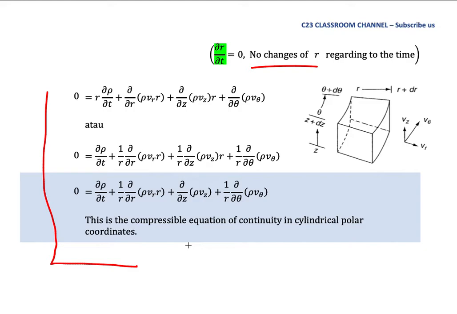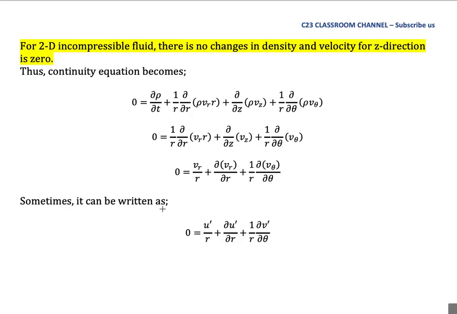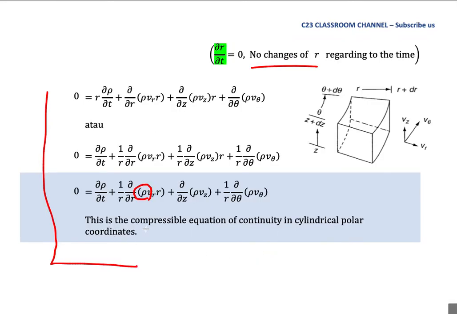So what is the difference between compressible and incompressible? You need to do something with the density. This is for the compressible equation. Compressible means the amount of density needs to be taken into account, because the density keeps changing, maybe increasing or decreasing.